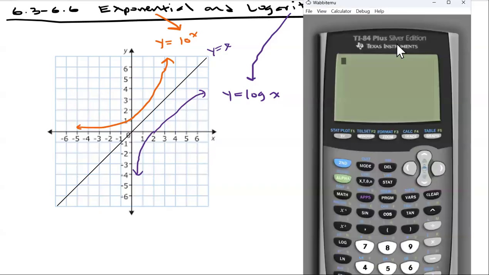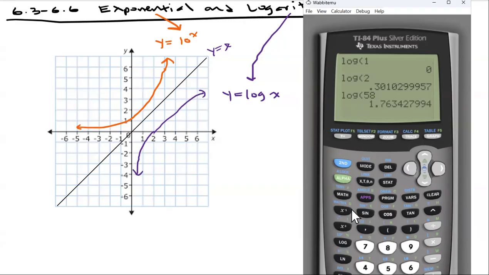If I go to the log part of my calculator and put in, say, log of 1, it's going to give me 0. Log of 1 is 0. Again, this is not drawn to scale. If I put in log of 2, it gives me a number.